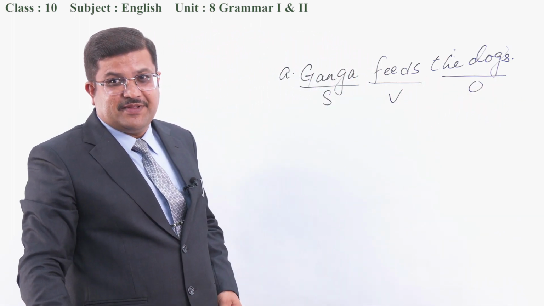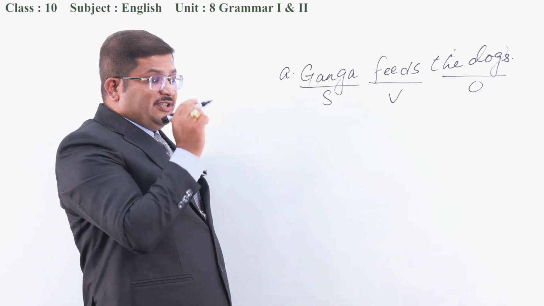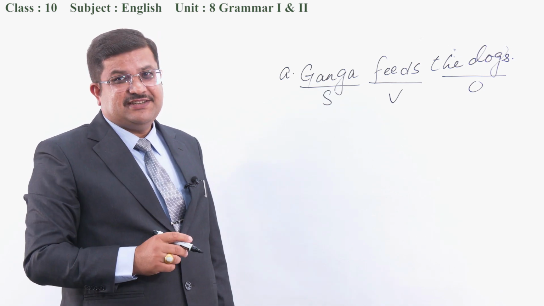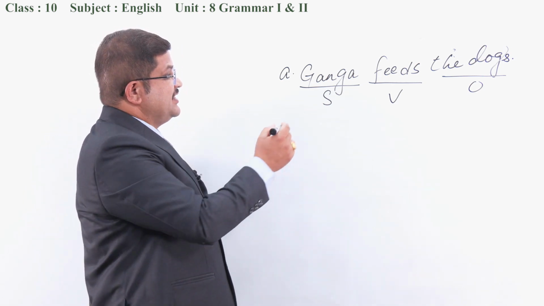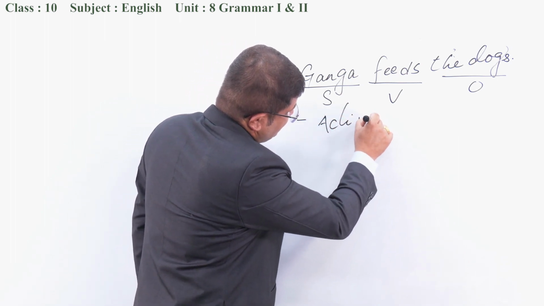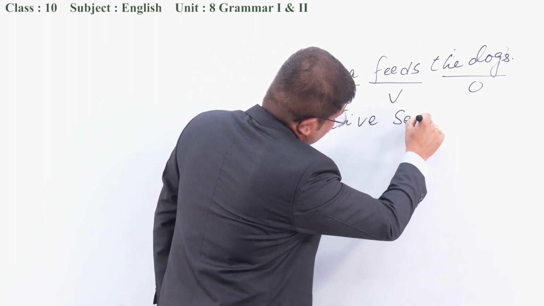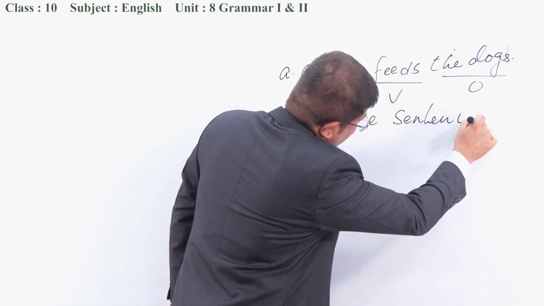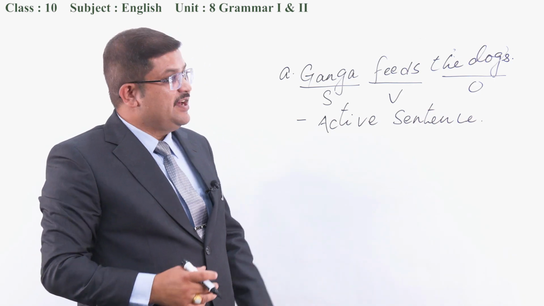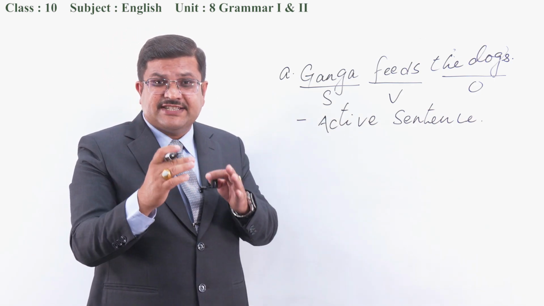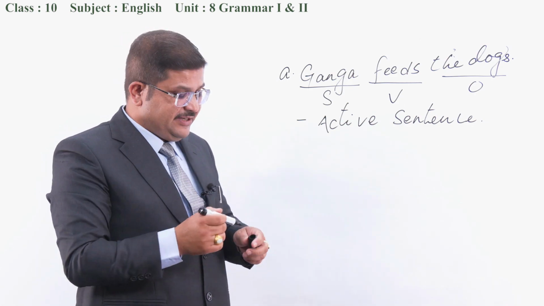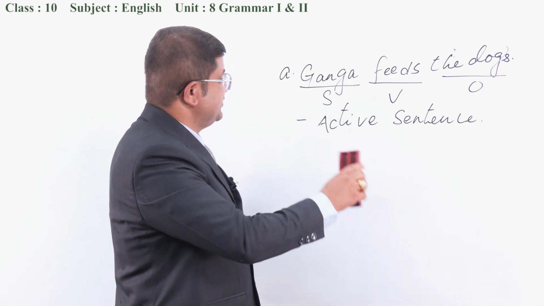Okay. What type of sentence is it? Can one of you guess it? Right. This is an active sentence. Now we are changing this sentence into passive one. Will you try it? Very good.